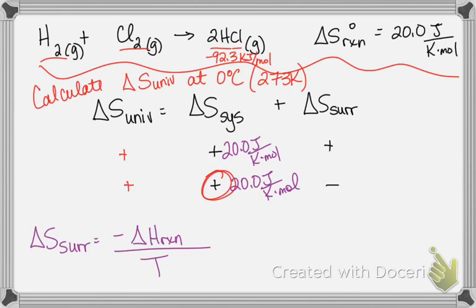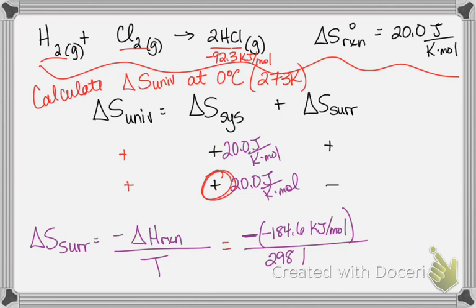So in doing products minus reactants for this equation, if the enthalpy of formation of HCl is negative 92.3 and there's 2 moles of it, we can see that the delta H for this reaction is a negative 184.6 kilojoules per mole. That's the delta H, but the formula has a negative in front of it.